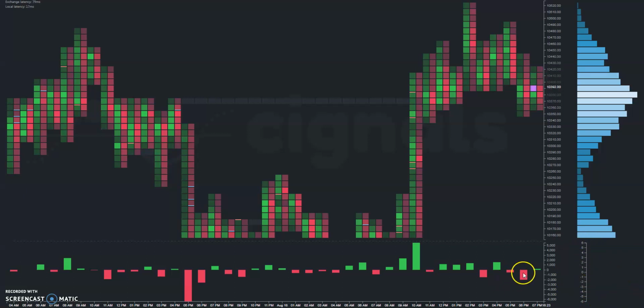For the sake of time, I'm going to keep it moving to what we call the cumulative delta. This is not your traditional cumulative delta, because of the way Bitcoin trades and the nature of the market, there's a lot of noise. There are a lot of ways this data could get skewed or misrepresented.